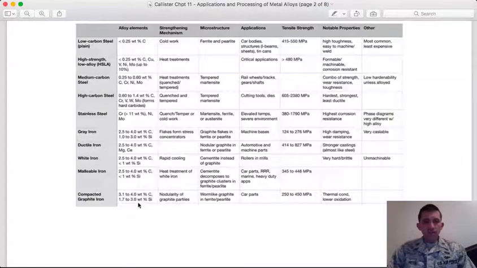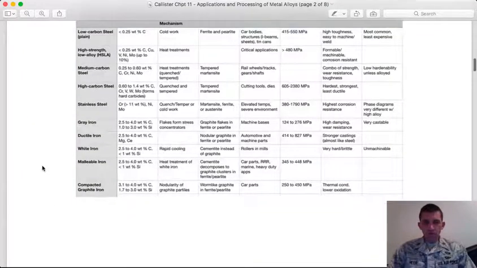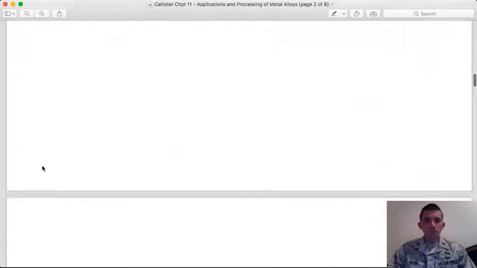Compacted graphite iron has a similar elemental makeup with the silicon. You have these nodular graphite particles that are, in some cases, also kind of worm-like, and they have typical tensile strength, but some better properties in some cases, like thermal conductivity or lower oxidation.